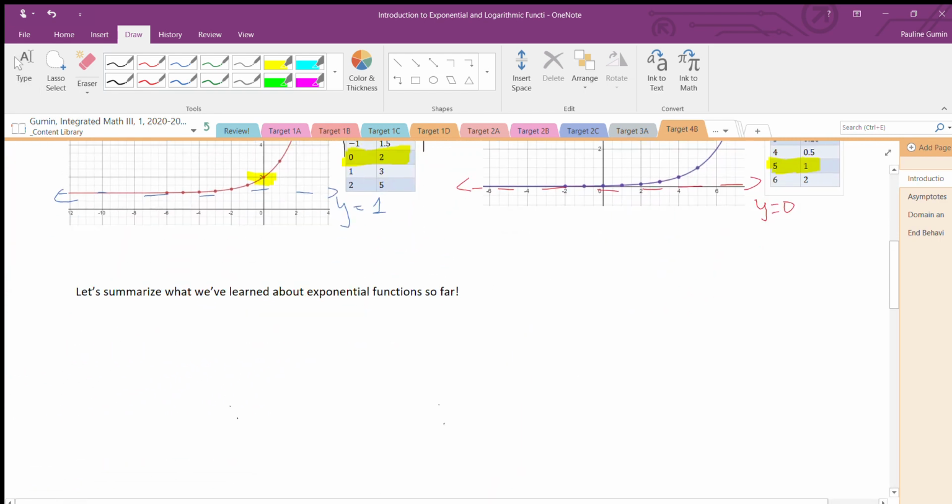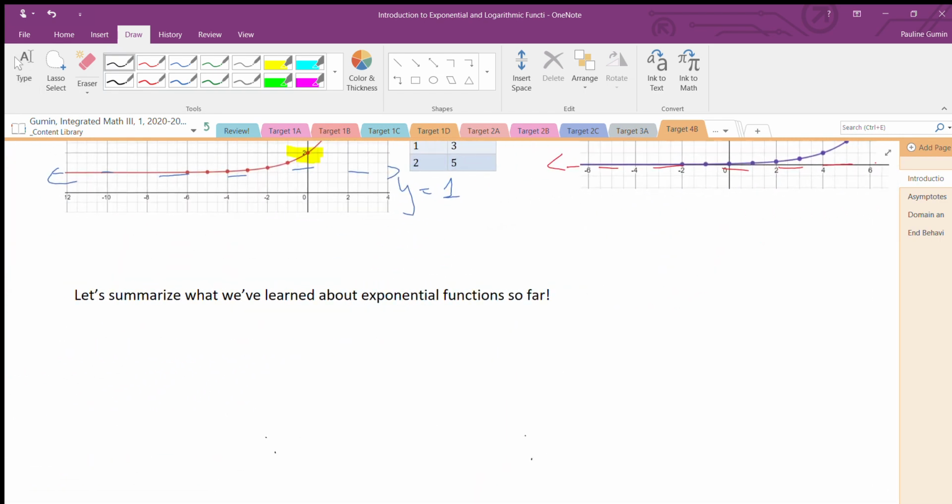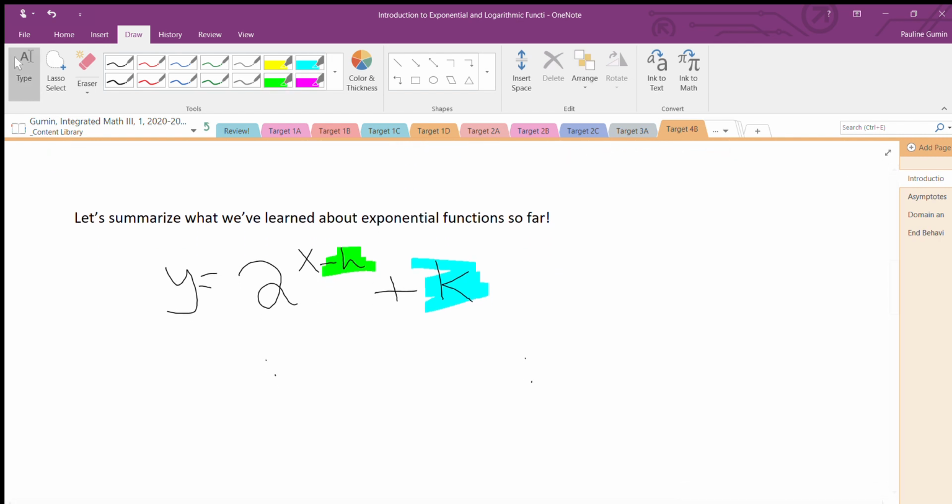Let's write that down. So just standard form of this equation. If I have anything in the exponent, it means left or right; anything outside, up or down. So h is left/right.